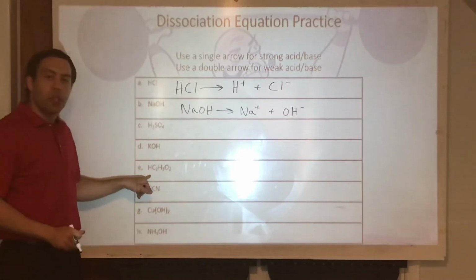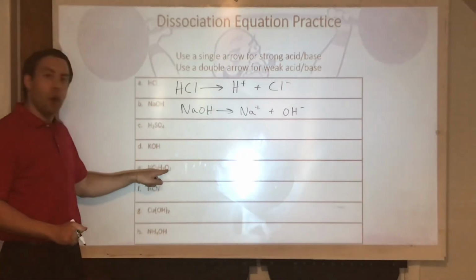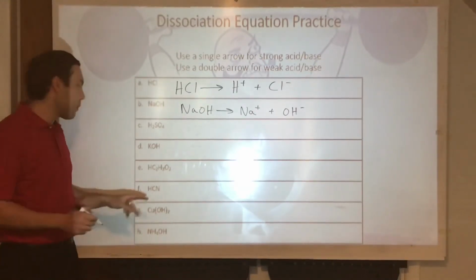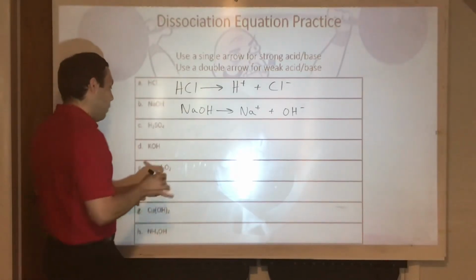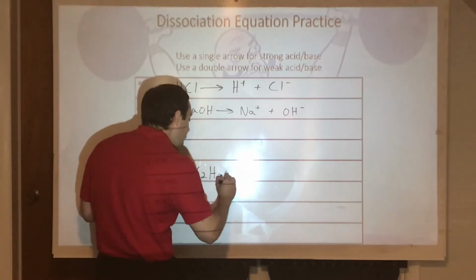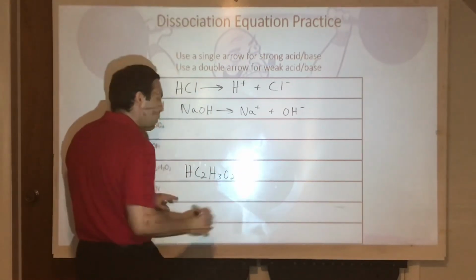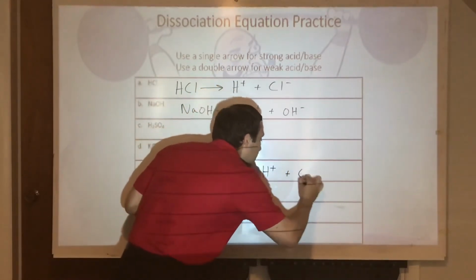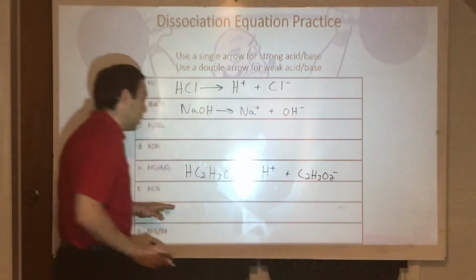Let's jump down to E, HC2H3O2. Acetic acid is a weak acid. So when we write that, we're going to use a double arrow. So HC2H3O2, double arrow, H plus, C2H3O2 minus.